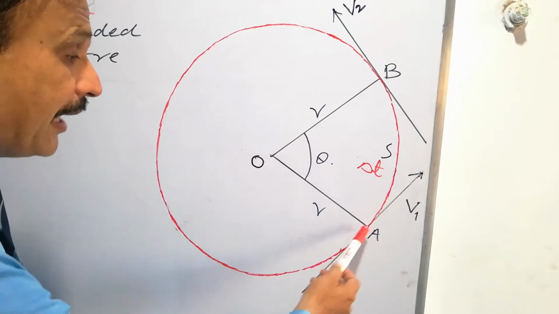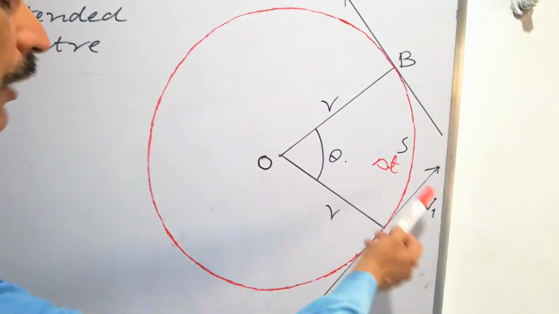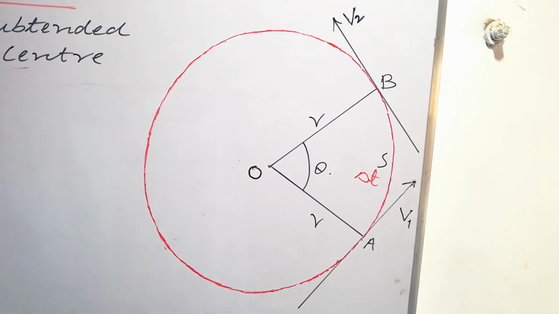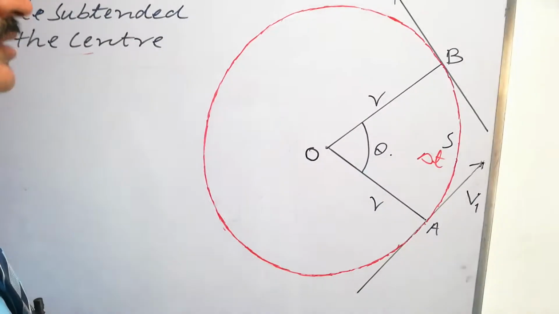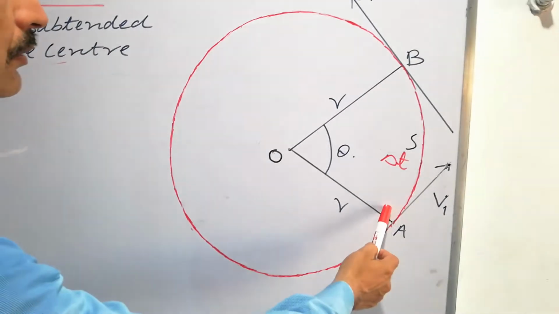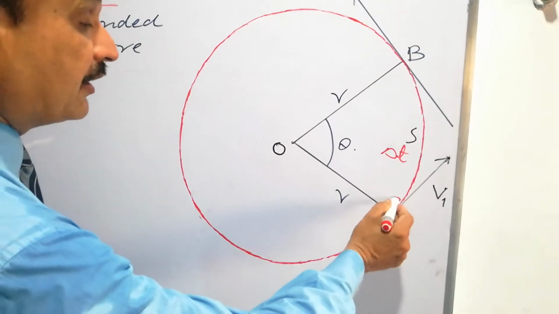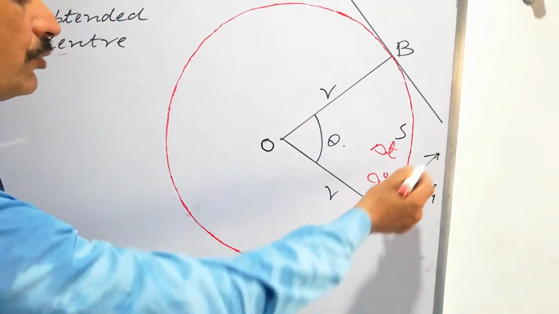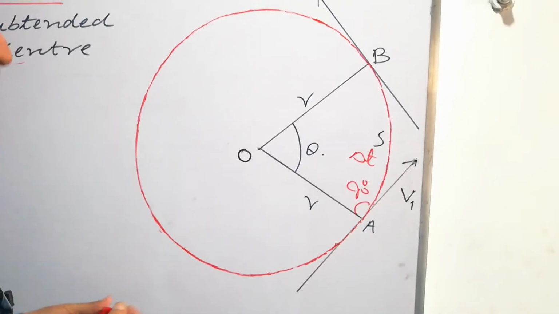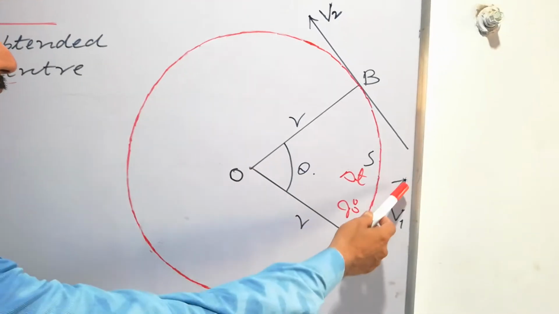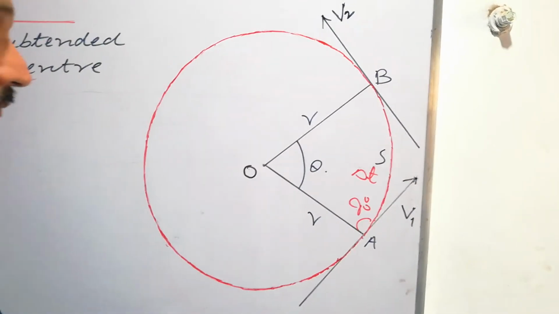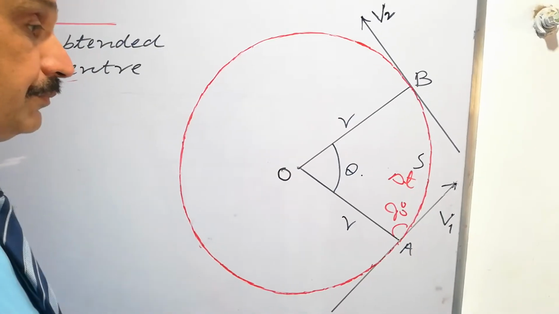We draw the tangent line at point A, its velocity is v1. What is a tangent line? It is the line which is at an angle of 90 degrees with the radius of the circle. So this angle is 90 degrees, and that's why it's a tangent line, and it gives us the linear velocity v1.